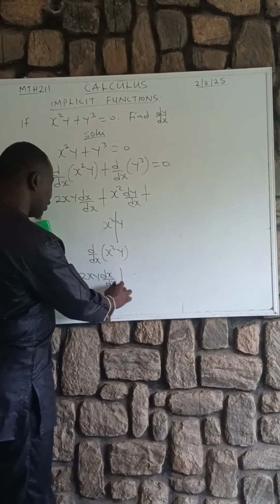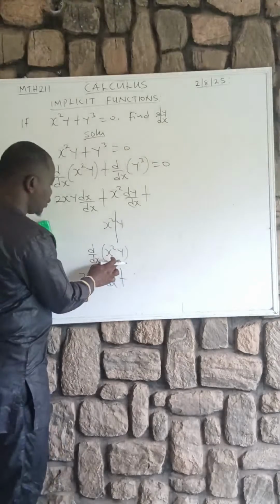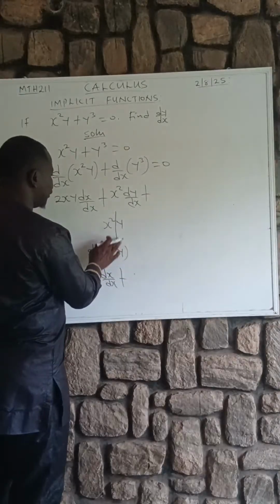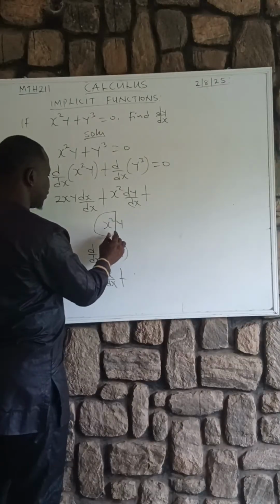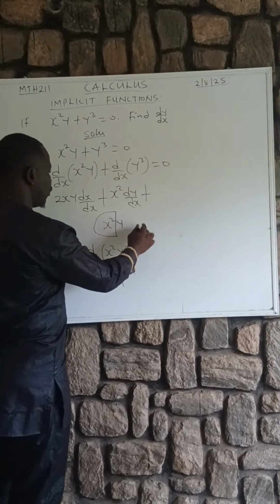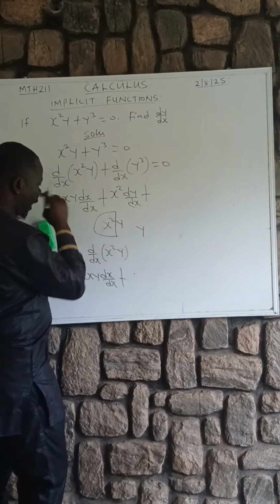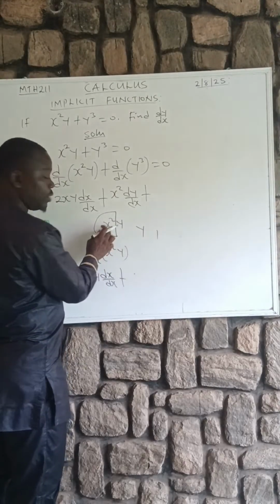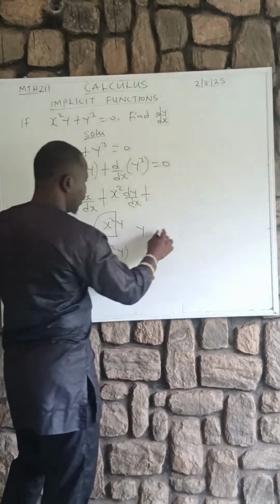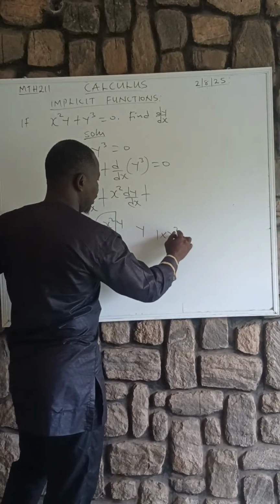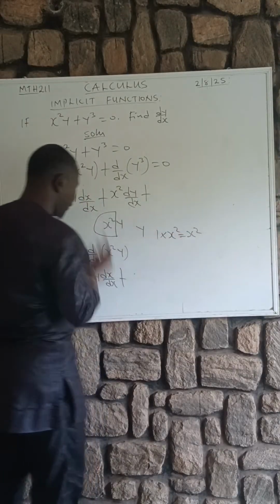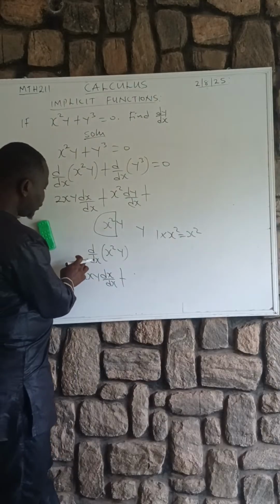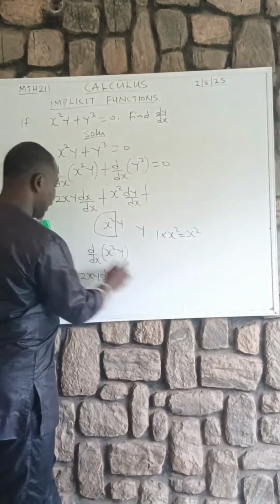Then plus, since there are two functions, so now this time around you are going to hold this one. So you differentiate y. If you differentiate y, you are going to have 1. Then use 1 to multiply what you hold. That is 1 times x squared is equals to what? X squared. But here, so we are going to use to multiply here.